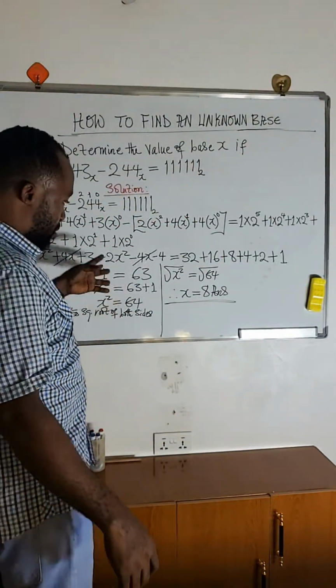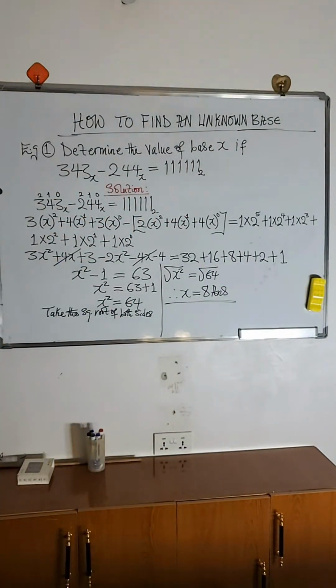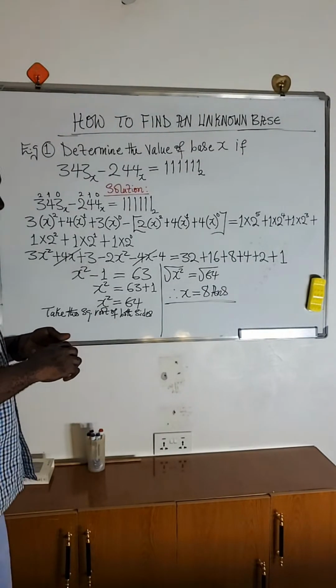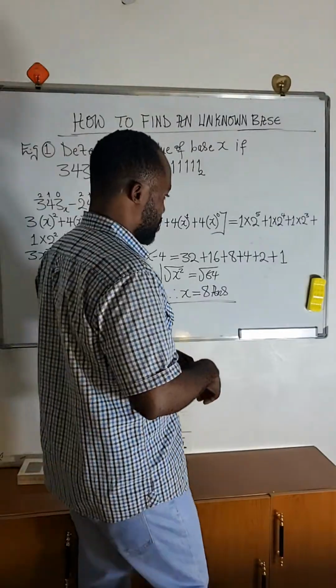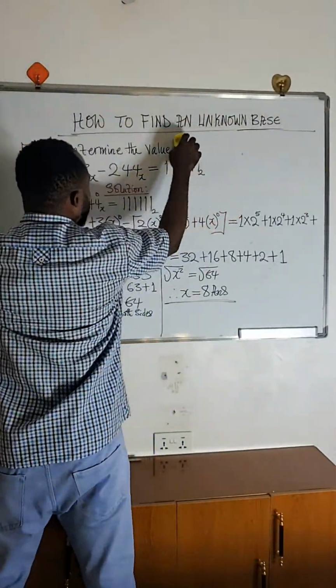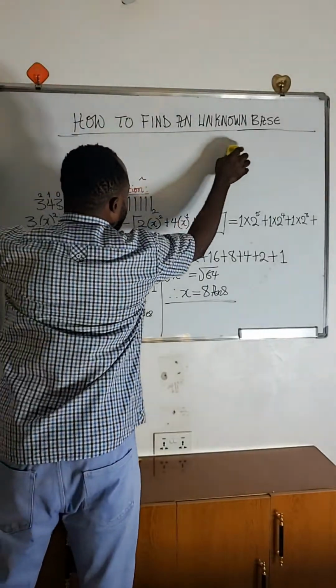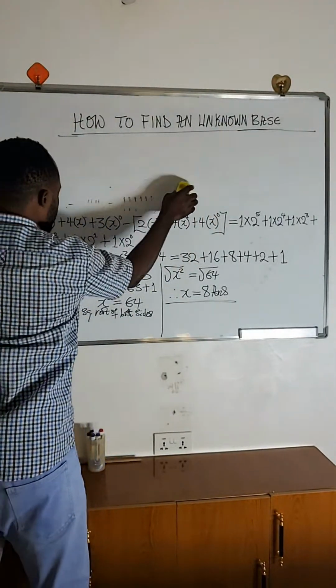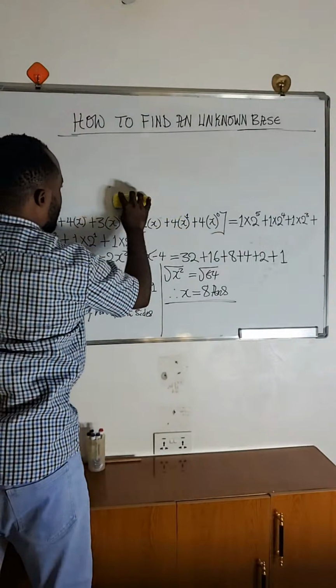So let me clean the board. I believe you can see everything. So I'm going to clean the board now for you to be able to do example 2. So we will go over to example 2. But first, let me clean example 1. I'm going to clean example 1.